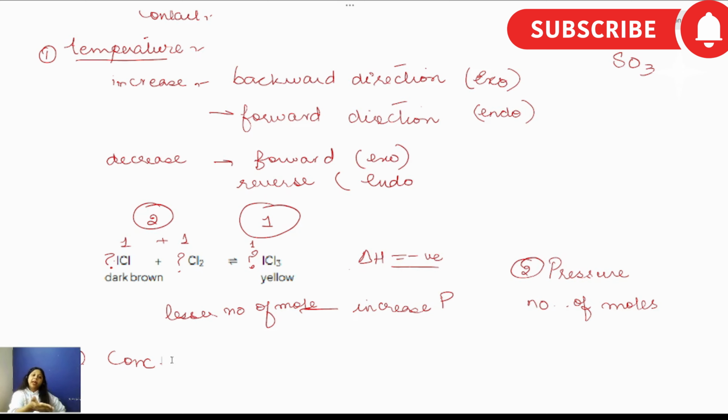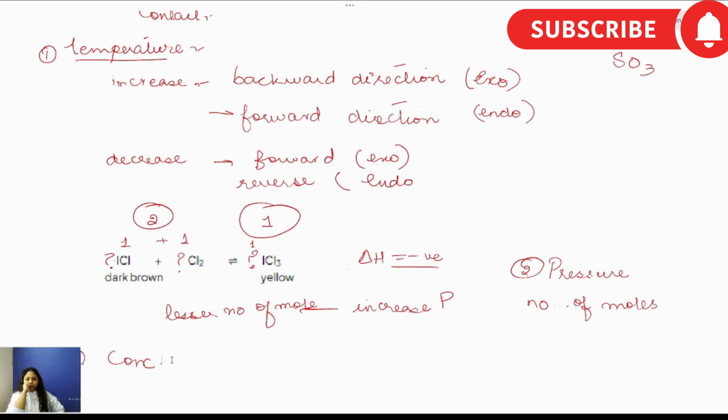When we talk about the reactant, if I increase the concentration of reactant, it moves towards the forward direction. And if I decrease the concentration of Cl2 only, I've removed chlorine, what will happen?